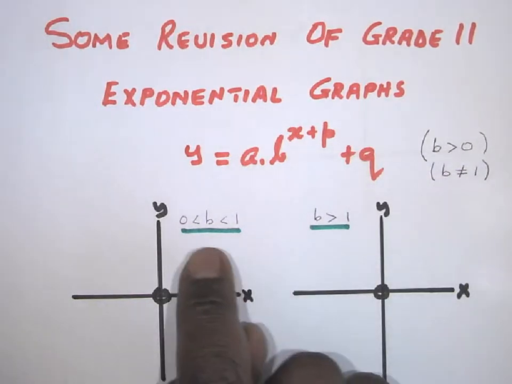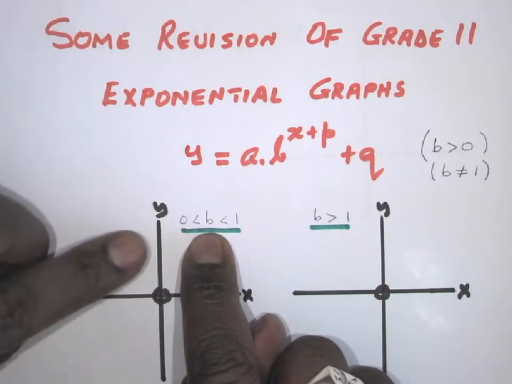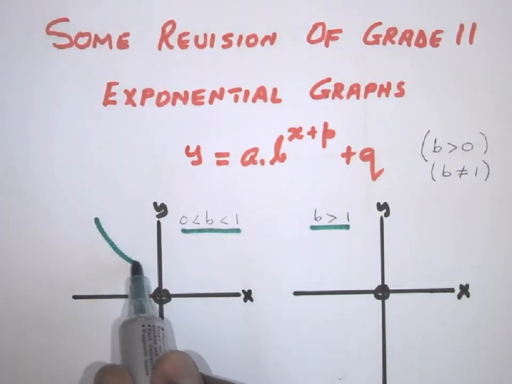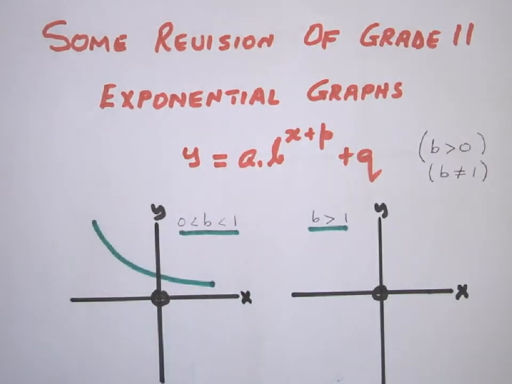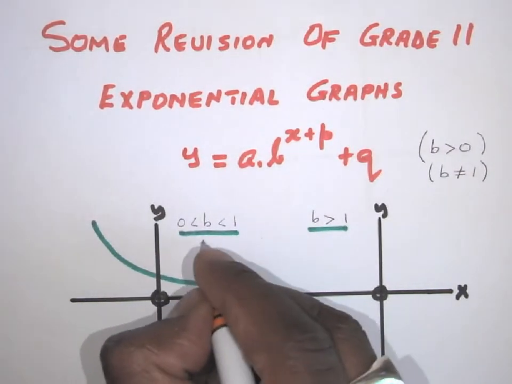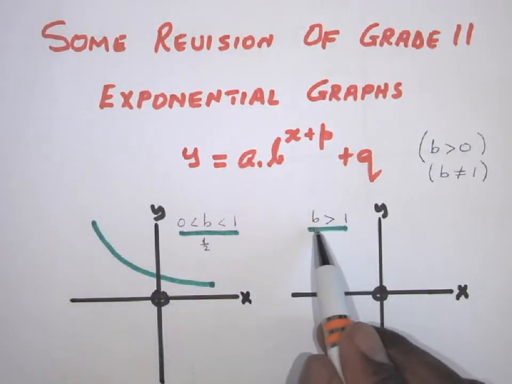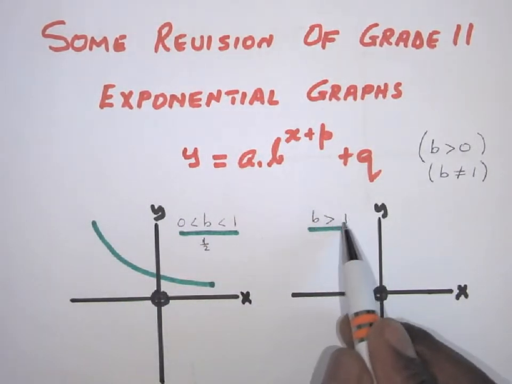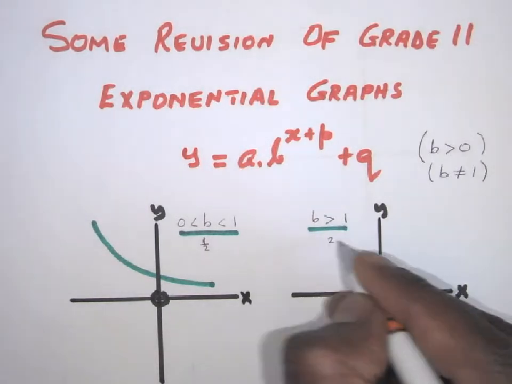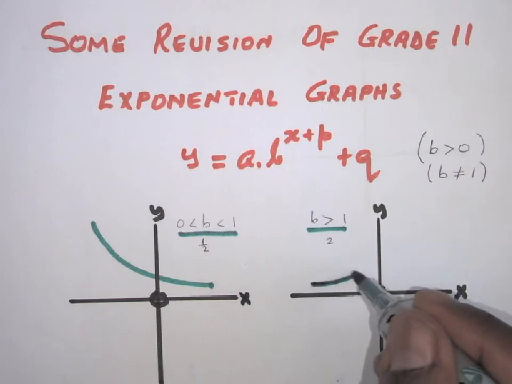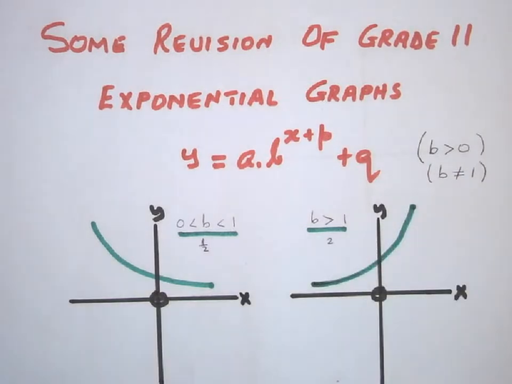If b is between 0 and 1, say b was a half, then you draw a graph like this. If b was a number bigger than 1, say 2 or 3, then your graph will be drawn something like that, going up, an increasing function.